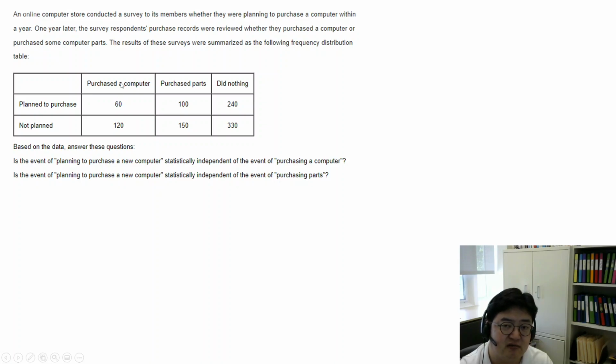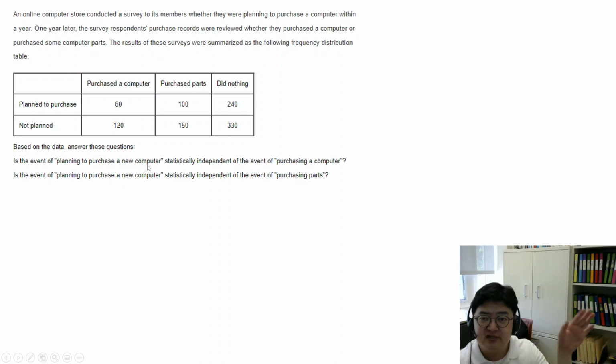These two events. I'm going to show you how to check the independence, and then you can apply the same idea to the other pair. The other pair is planned and purchase parts. So you can just apply the same method to check the other independence.